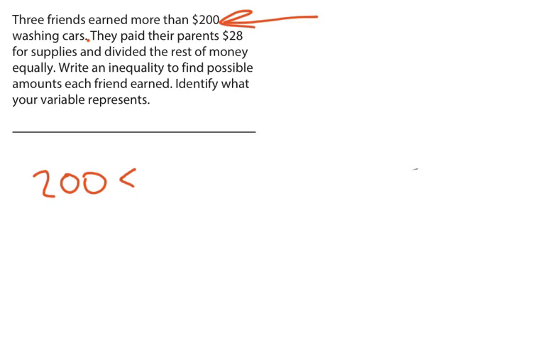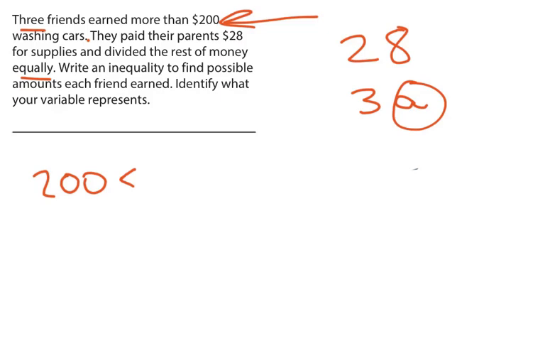Let's read the next sentence now. They paid their parents $28 for supplies, and then they divided the rest of the money equally. All right, so they're dividing it equally, but they have 3 friends. So we have 3 friends who are getting some amount of money. We don't know the amount of money that each friend is getting, right?